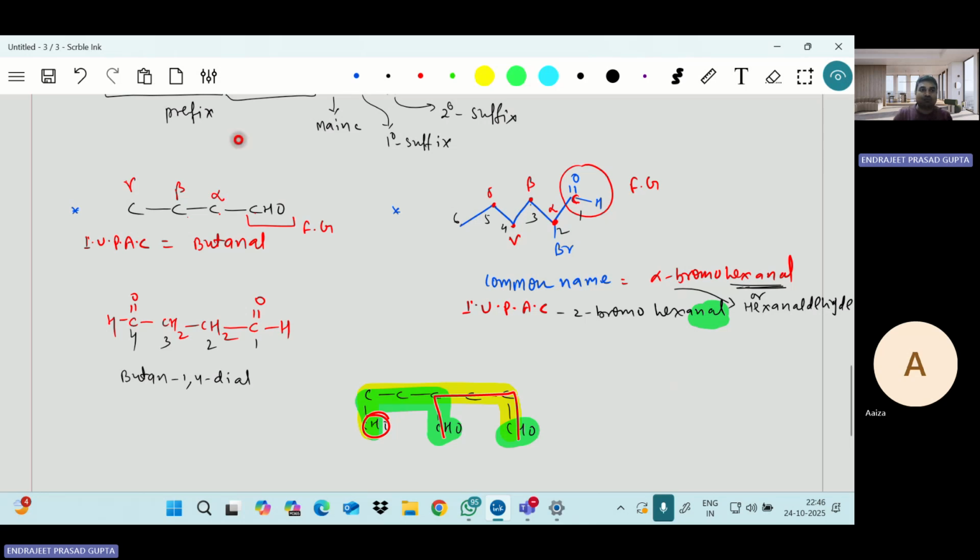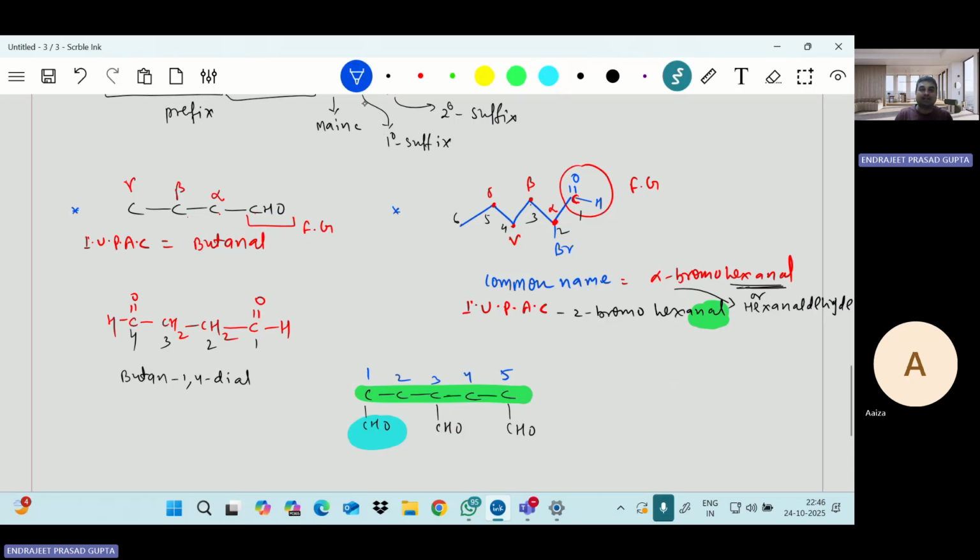So in this case, what will you do? Just leave it, and select the main carbon chain, leaving this carbon of the functional group, and this is 1, 2, 3, 4, and 5. If the carbon of the aldehyde is not part of the main carbon chain, don't add AL.